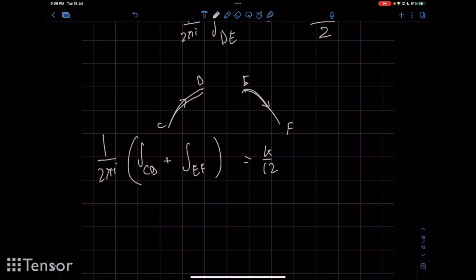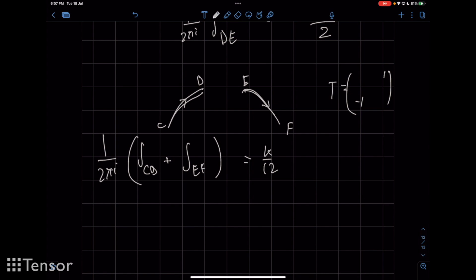But in terms of matrices of SL2Z, which matrix of SL2Z transforms one of these to another? T. What was T? T is negative 1, 1. This, right? Yeah, T is the one that transforms CD to EF.